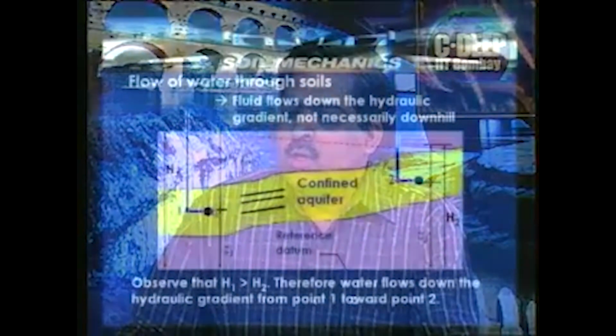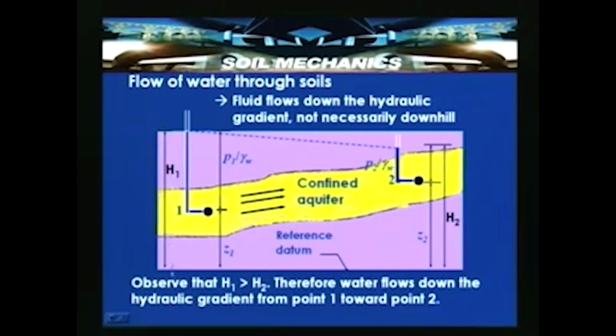This concept we have already seen, but let us look once again at a very important concept which we should remember in flow of water through soils. Here total head is H1 with reference to the datum shown here, the elevation head is Z1 and the pressure head is P1 by gamma w. So, total head H1 is equal to P1 by gamma w plus Z1 at point 1. At point 2, total head is H2, that is the summation of P2 by gamma w plus Z2.